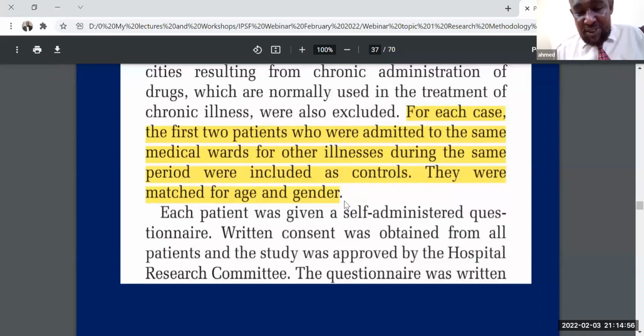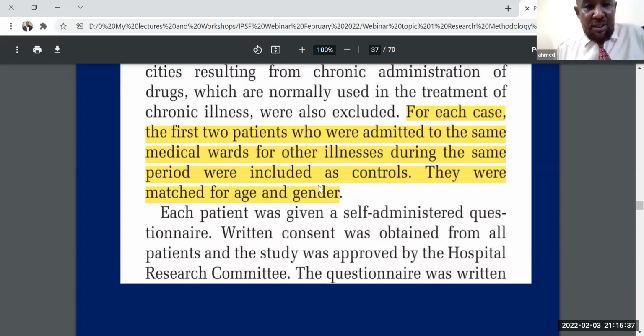One of our concerns is bias. We have to avoid bias or minimize bias. Another concern is confounding. Confounding means the presence of a third variable which has a strong relationship with both the dependent and independent variables together. And this variable will affect how the relationship appears between dependent and independent. To minimize the effect of a confounding variable, we either exclude the subjects with this characteristic or we make matching.